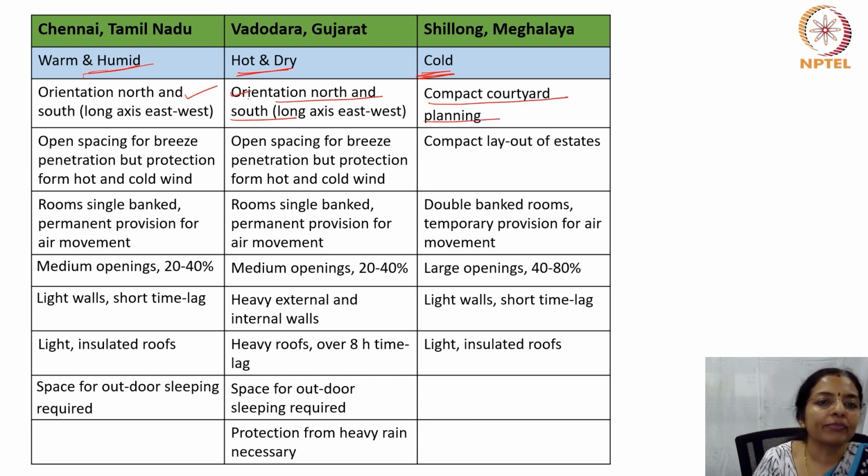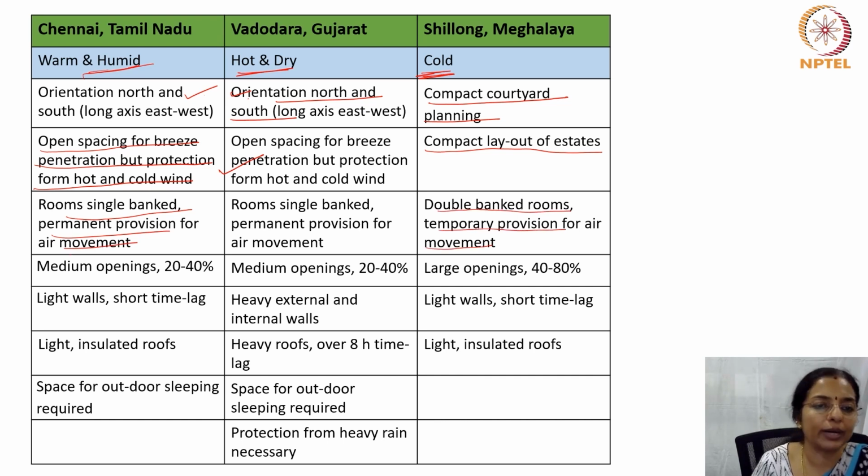For warm, humid and hot, dry, it says open space for breeze penetration but protection from hot and cold winds. The same for Vadodara. Whereas for Shillong, it says compact layout of estates. The rooms for warm, humid and hot, dry is rooms with single banked permanent provision for air movement. Whereas for Shillong, it should be double banked room with temporary provision for air movement.